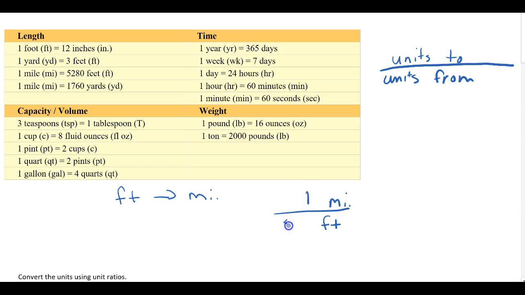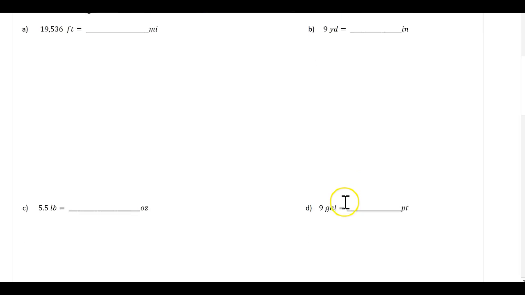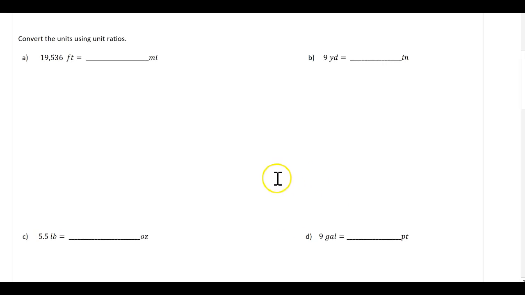Whenever we use this conversion factor, this is going from feet to miles. The reason we do that is so we can cancel out the units. Let's look at some examples and see what I'm talking about.